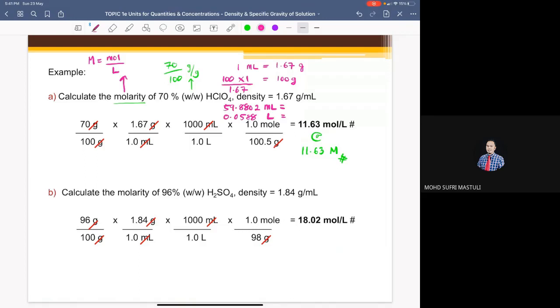So the molarity is mole over volume. Now we have a mass here, so mole is the mass over the molar mass of perchloric acid. From the product table, you will obtain 100.5 gram, and then over the volume of solution, 0.0588 liter.